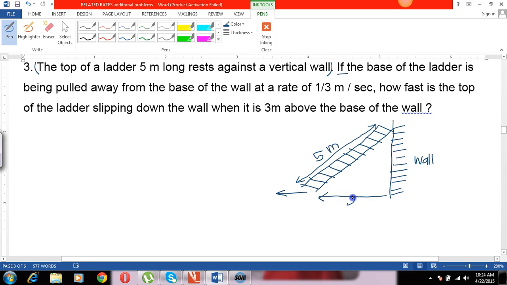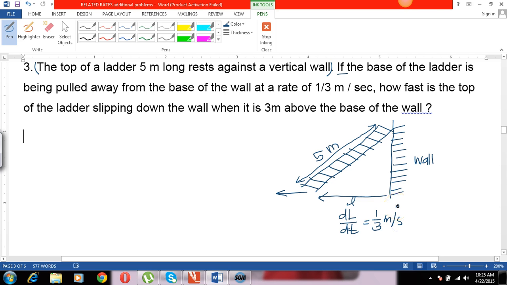For example, this is the length from the wall, 1/3 meter per second. So we can conclude that dl over dt equals 1/3 meter per second.